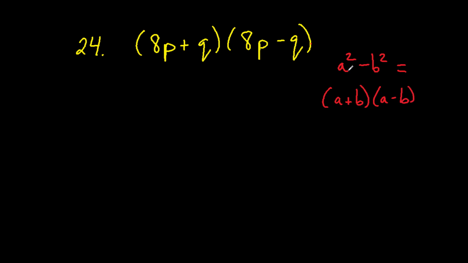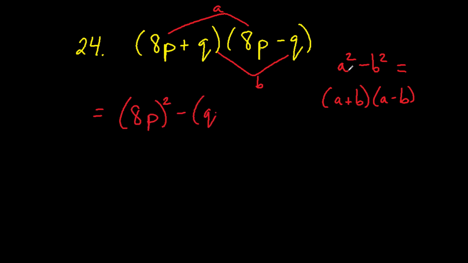So here's our a, and here's our b, and therefore we could go backwards here and say the final answer should be 8p squared minus q squared, also known as 8 times 8 is 64, p squared minus q squared. The formulas are supposed to be a shortcut, and if they help, that's great. If not, feel free to multiply this by hand.